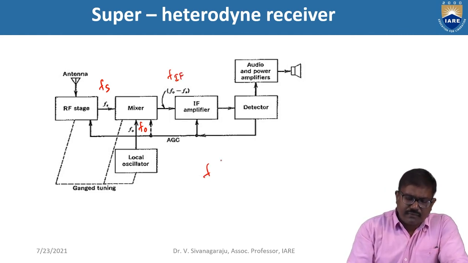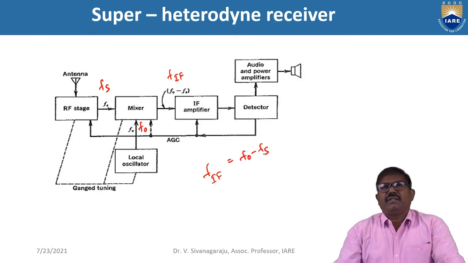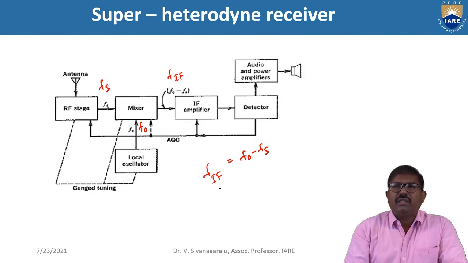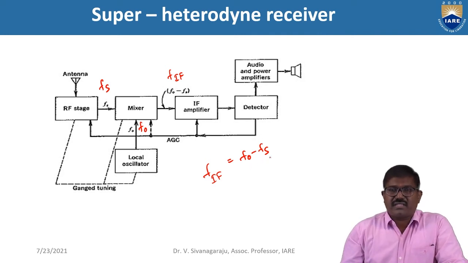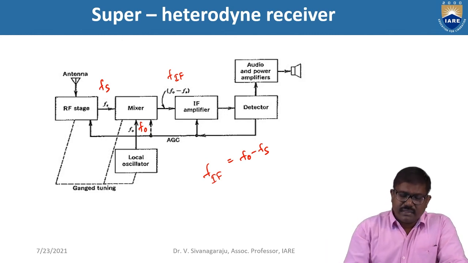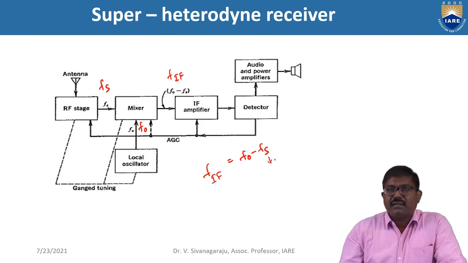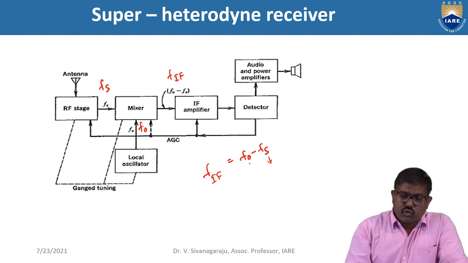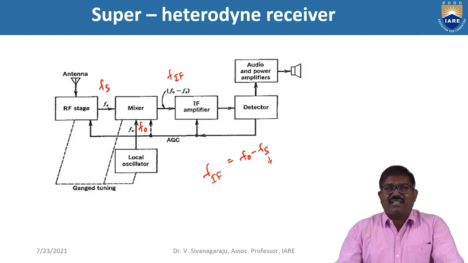So FIF is equal to F0 minus Fs. This is the fixed intermediate frequency obtained from the local oscillator frequency and the signal frequency. In the previous problem they gave the IF as a standard one, 455 kHz, and the signal frequency range, and we found the tuning range of the local oscillator. Why?